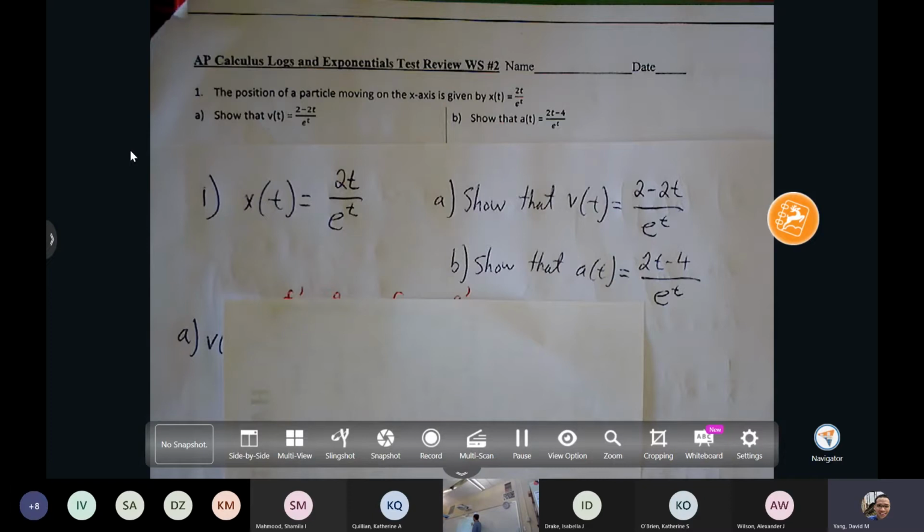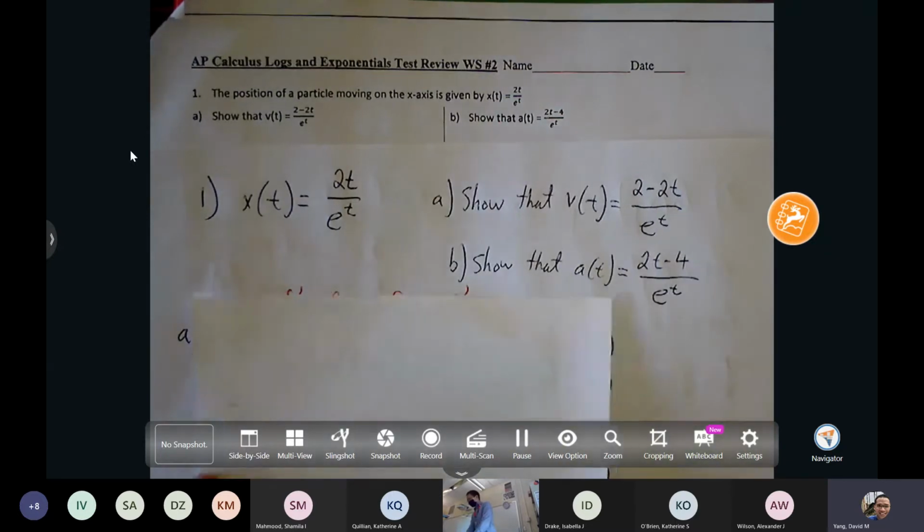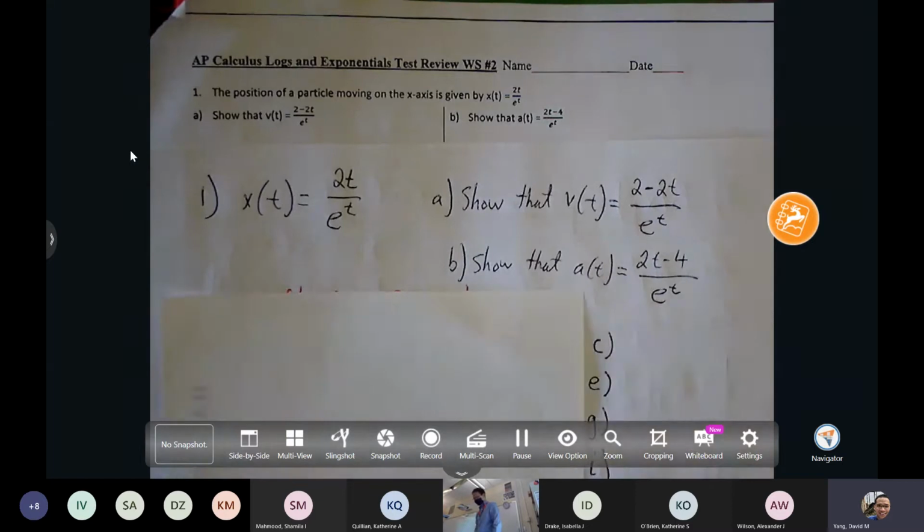Quotient rule again, velocity to acceleration. And then from there, we're just going to go down the first column. We're going to do C, E, G, and I. All right, let's see how you do.